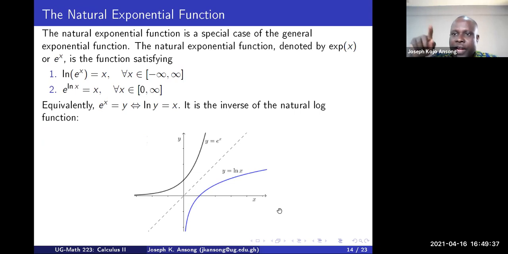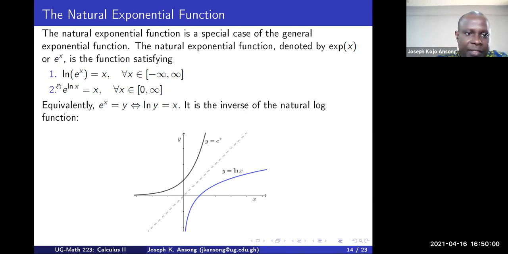Instead of a to the x, you replace the a with e. We'll look at what the number e is. You replace a with the number e and you get what is called the natural exponential function, just like we did for the natural logs. It's represented by exp(x) or e to the x, sometimes written like this, sometimes like that.